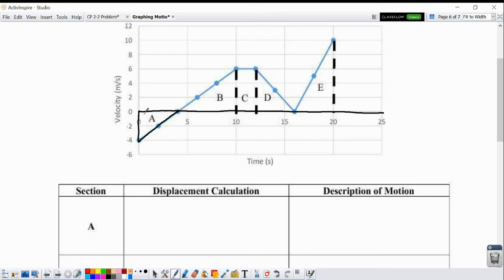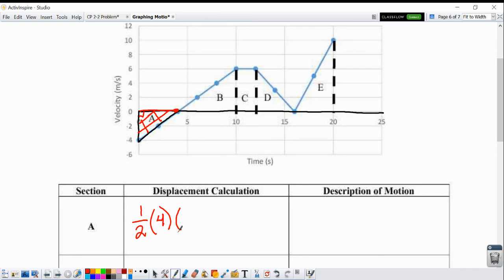And this area is underneath the x-axis, which means it is going to be negative, okay? Which means it's going to be moving to the left. Now it's a triangle, so the area is 1/2 the base, so here's my base. I went from 0 to, I think that's about 4, so I'm going to say 4.